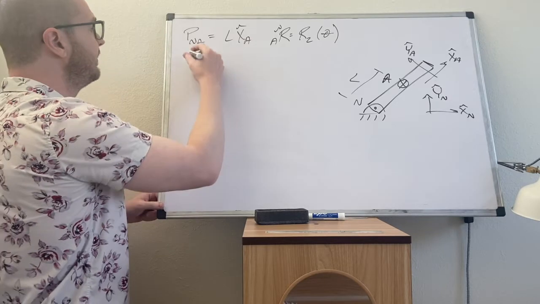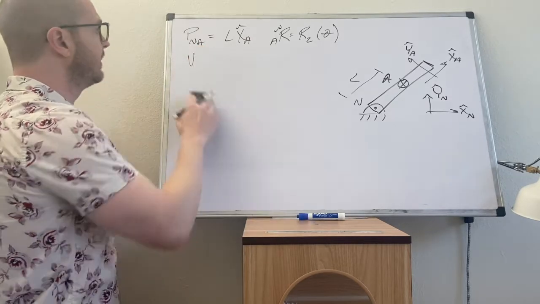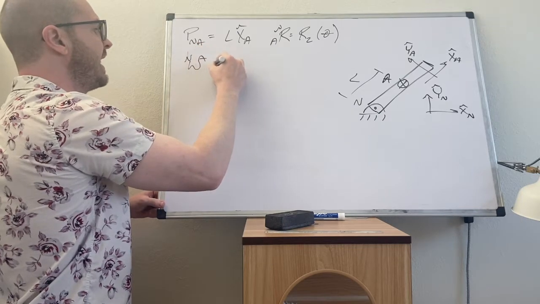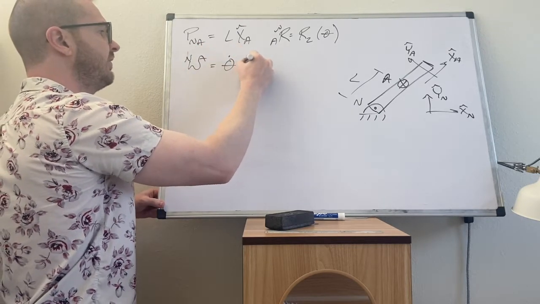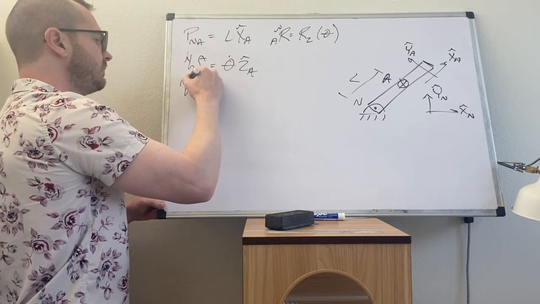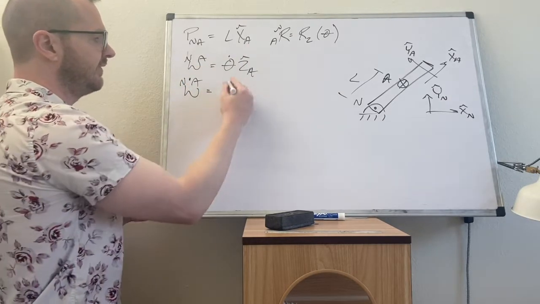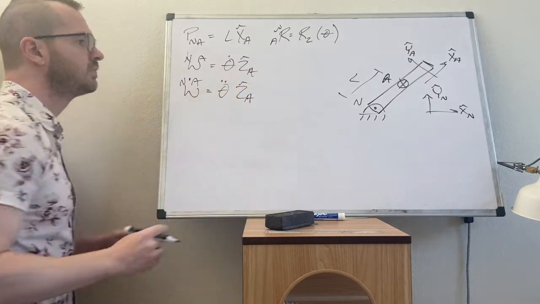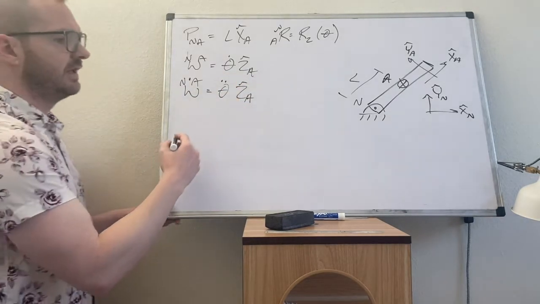We can take derivatives. Let's do the angular stuff first. So omega N A, this is going to be theta dot ZA. And alpha N A is theta double dot ZA. Next, linear.